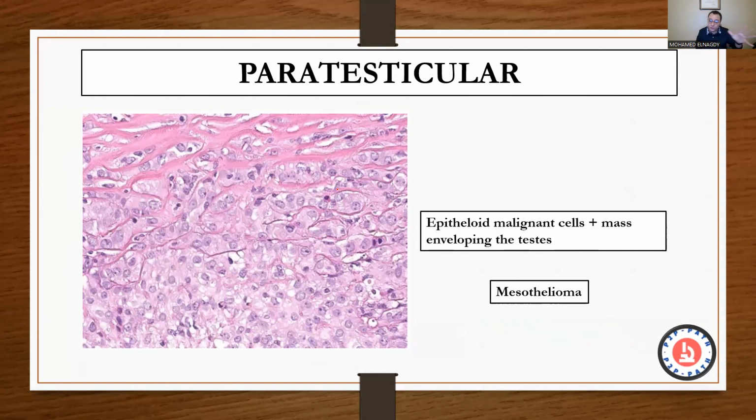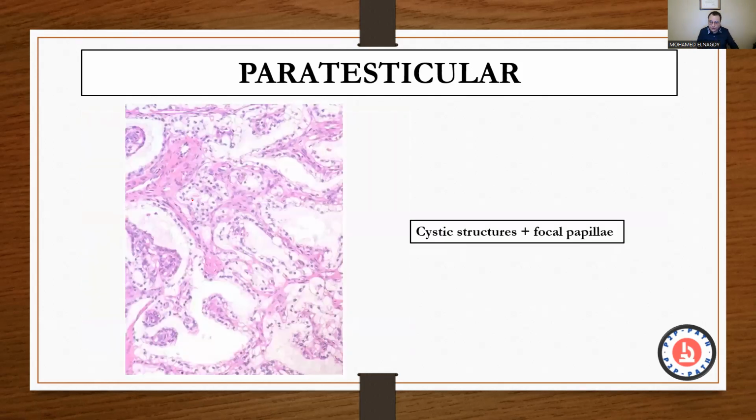Like the same thing in mesothelioma of the lung, the mass is completely encircling the lung or enveloping half of the lung, which is the part which has the tumor in the pleura. So it's called the paratesticular mesothelioma. It's usually epithelioid type. You see these epithelioid cells with pleomorphic nuclei, not very high yield.